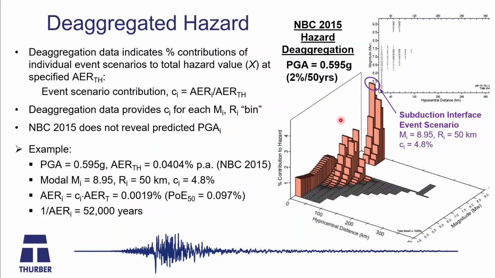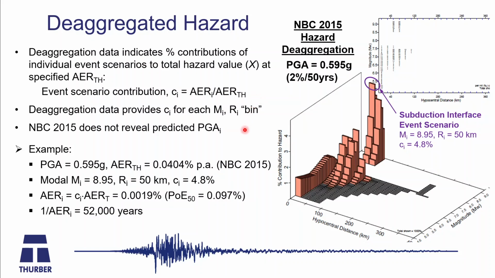So the event scenarios will occupy a bin in here, right, with a magnitude and a distance, okay? The event scenario contribution is basically just the ratio of the individual rate of exceedance for that event divided by the total annual exceedance rate for the total hazard. Okay, so in this case, what comes out to 2% per 50 years.